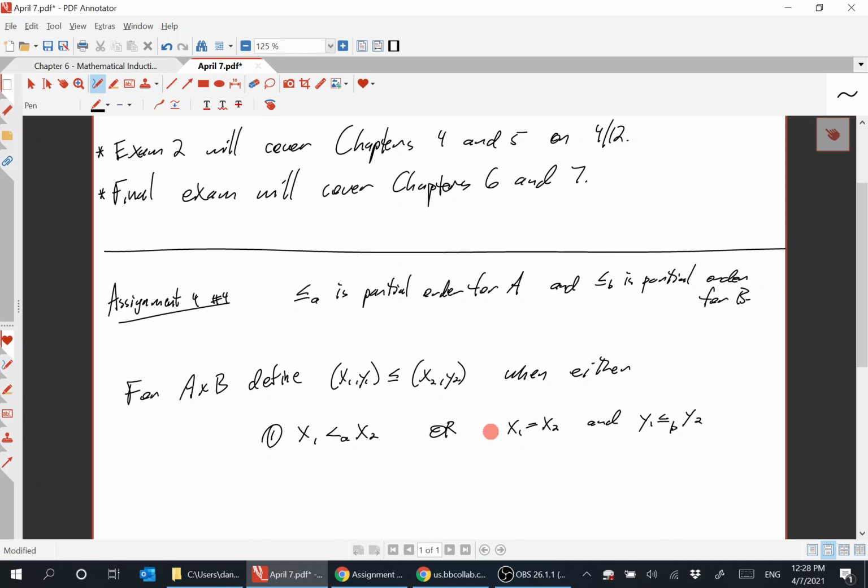That's one thing it could be, and that's the other thing it could be. Here x1 less than x2 means that x1 is less than or equal to x2 in A, and x1 is not equal to x2.